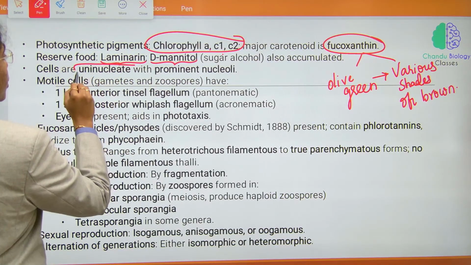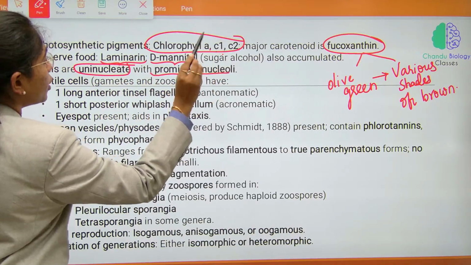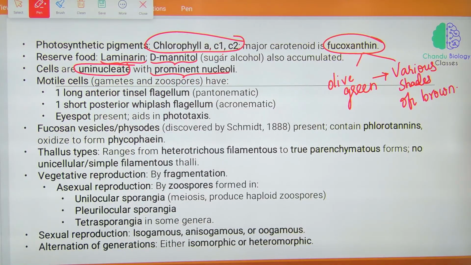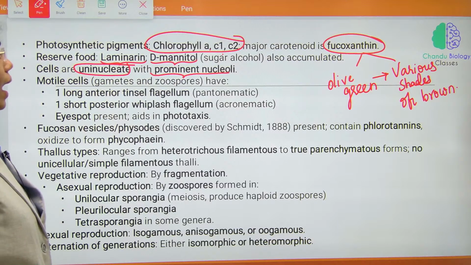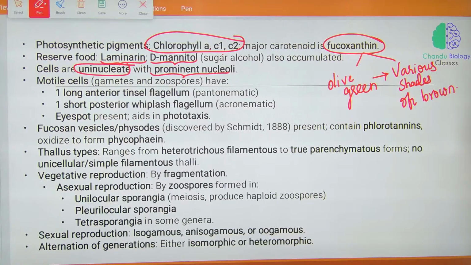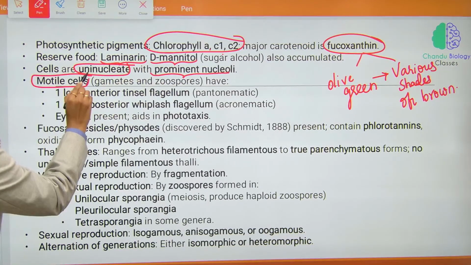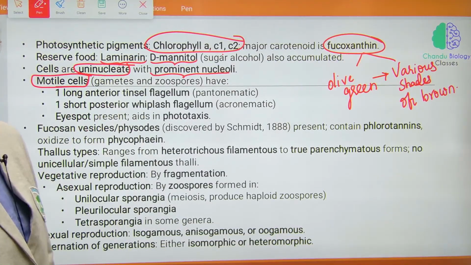Cells here are uninucleate, with prominent nucleoli at the center. Cells have a prominent nucleus, which is the uninucleate condition. And if you see motile cells, these are gametes and zoospores.